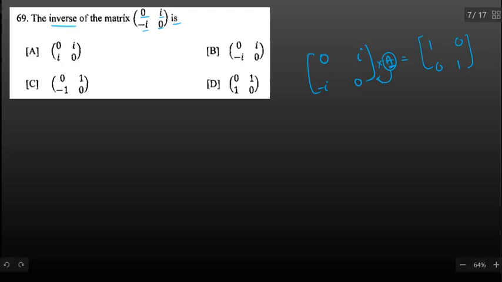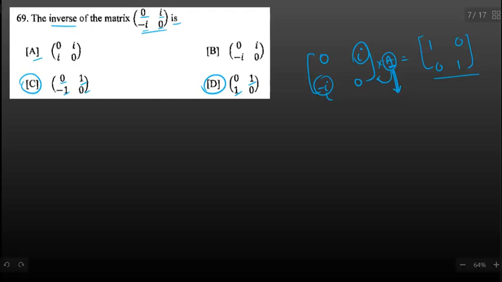Now since we can see that this is containing imaginary numbers, so this also must contain only imaginary numbers, so that imaginary multiplied by imaginary will give us real numbers. So we can easily cancel out these two options D and C, because these are containing real numbers only, not imaginary numbers. And if we multiply these by this matrix, then we'll get only imaginary numbers, not real numbers.